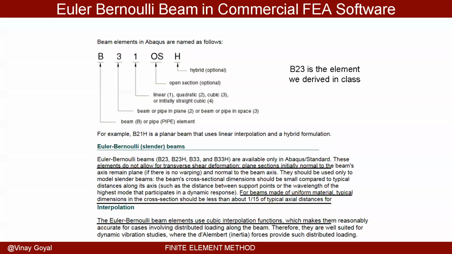If you were to have a beam that's subject to axial load, but also transverse load, the stress in that beam is not just equal to P divided by A from axial load applied P, but it's also the stress due to the bending moment applied, which is MC over I. So the stress is going to be equal to P over A plus MC over I, and that needs to be accounted for in this formulation, and that's what the element I just showed you does. It accounts for both effects.